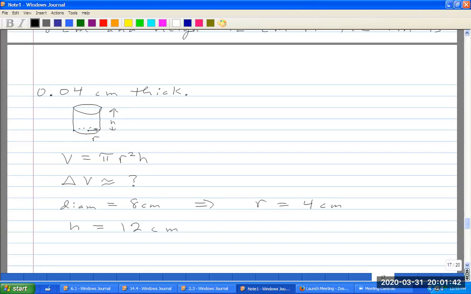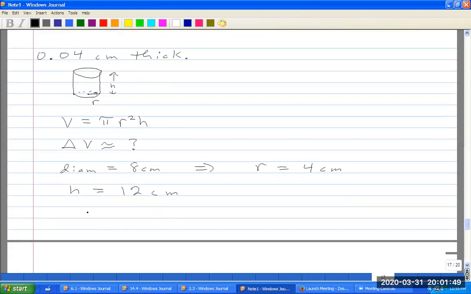We're going to make it a little bit thicker, so we're going to change this radius by 0.04 centimeters.